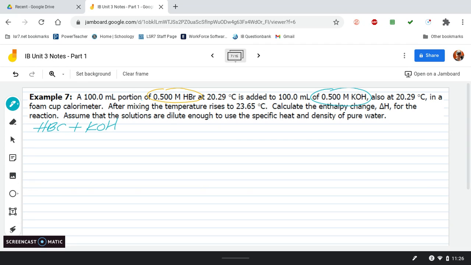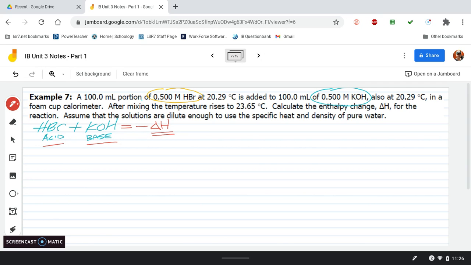Because we know that it's an acid and a base, that tells me that the final delta H needs to be negative, because if you remember at the very beginning of the unit, we said if you have an acid and a base, that's a neutralization reaction, and that's going to make a negative delta H. So that's a good thing to know, that this is going to equal a negative delta H when we are done.